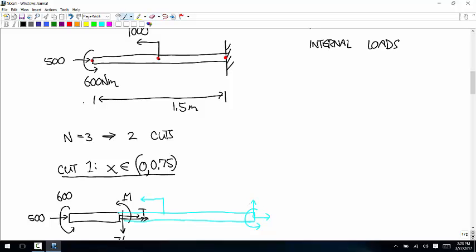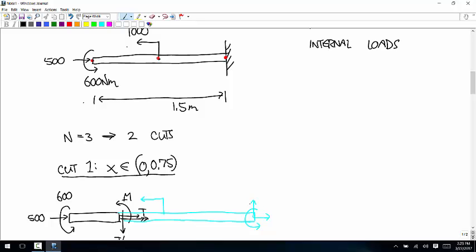So the value of X, okay, we're always going to isolate something from the left side because it's easier. We're always going to isolate something that starts all the way at the left side. And the right side is going to vary, okay? That's why we're going to call it X. So all X is telling you is how far you've gone from the left side. We're not isolating a piece that's within that range.